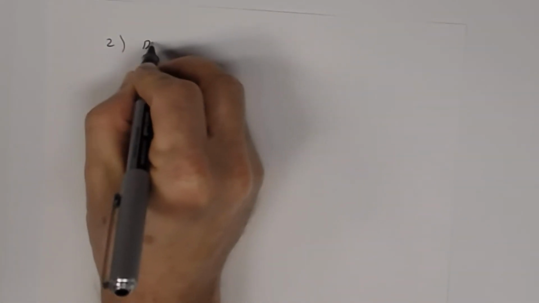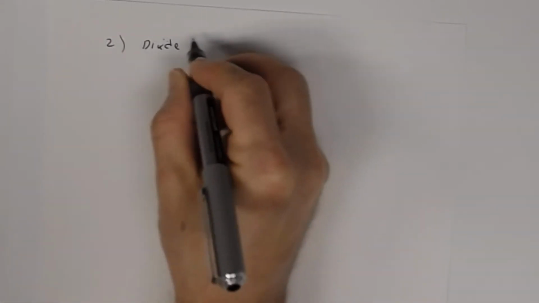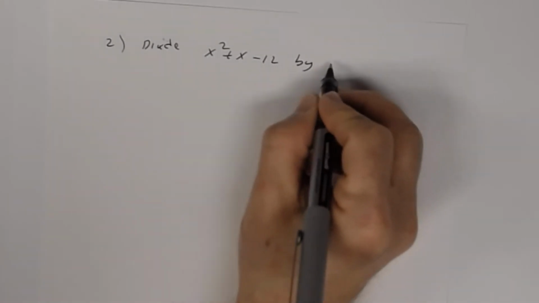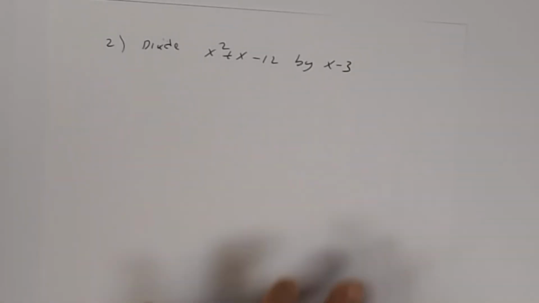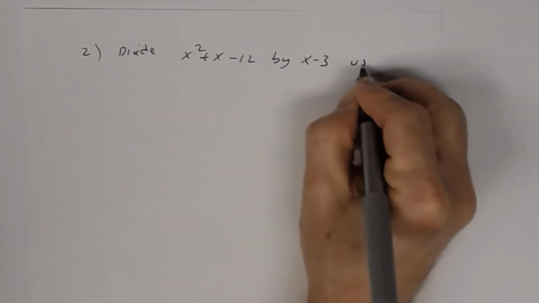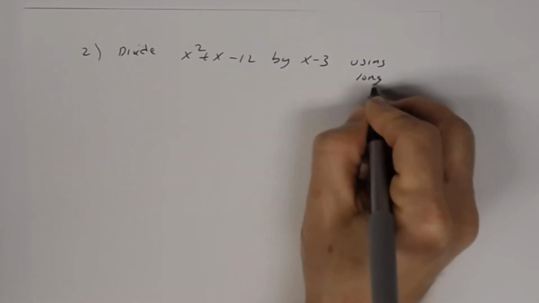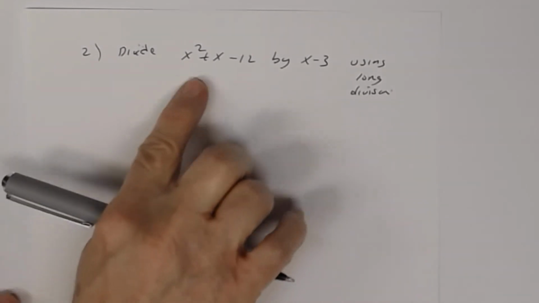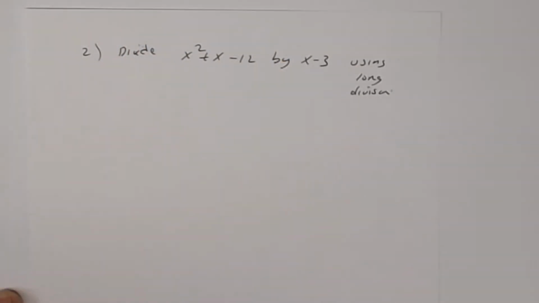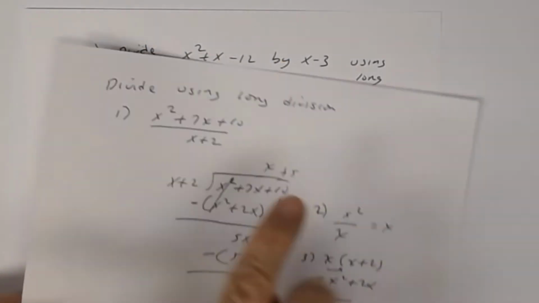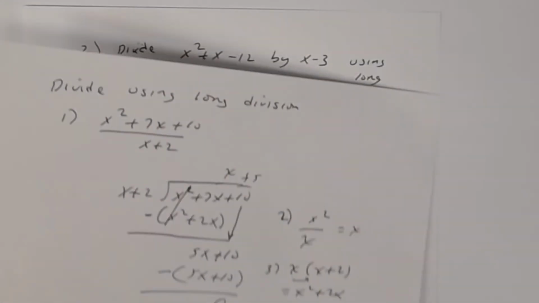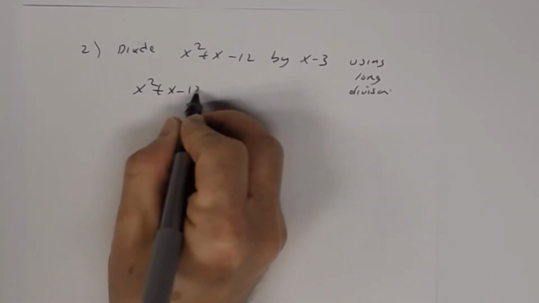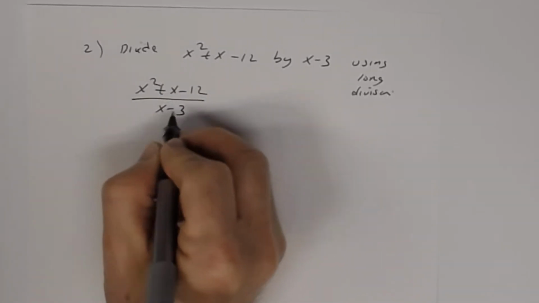The directions could say divide x squared plus x minus 12 by x minus 3 using long division. Okay, so just notice it could be stated in several ways. So dividing this by this means the same thing as this. Okay, so in other words, you can say, well, I'm going to rewrite this as x squared plus x minus 12 divided by x minus 3.